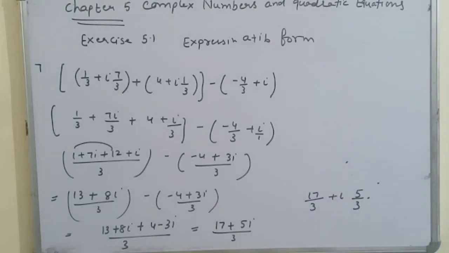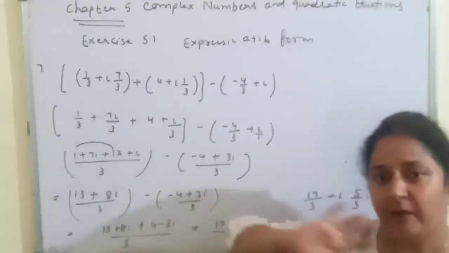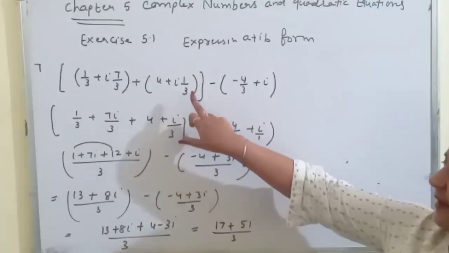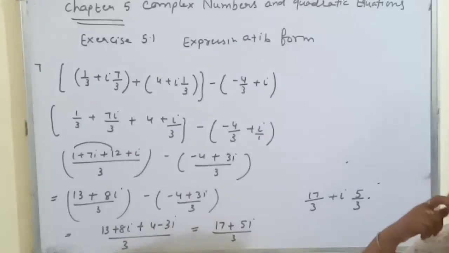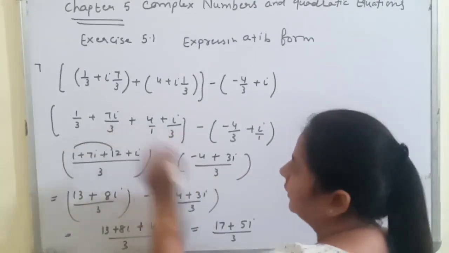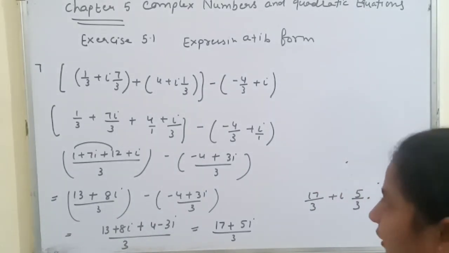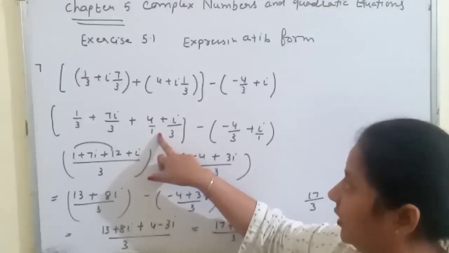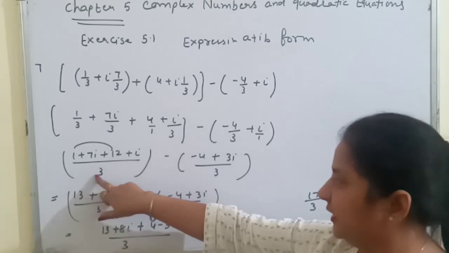Now this was the result for question number 7. What we have done in this question, you can see here students, again I am explaining. We have to simply solve the brackets, and after removing the brackets take the LCM. All terms have the denominator 3 except the 1, so write 1 here and take the LCM.